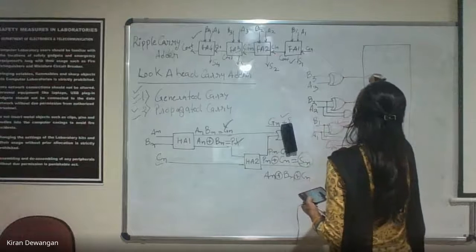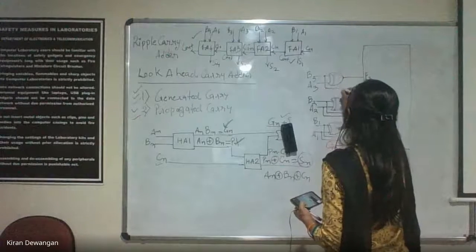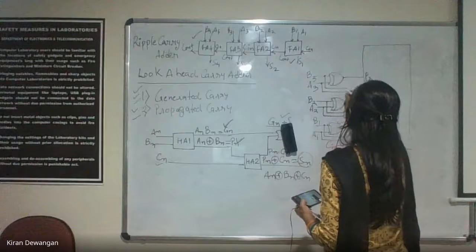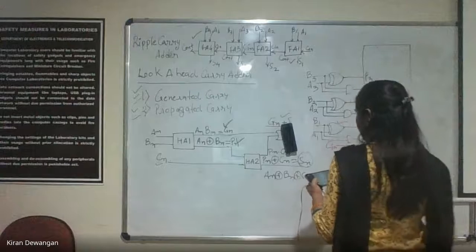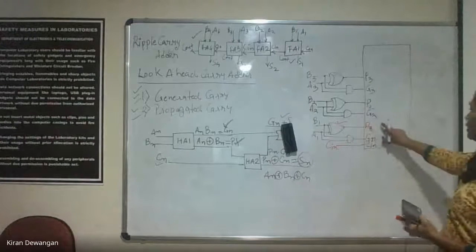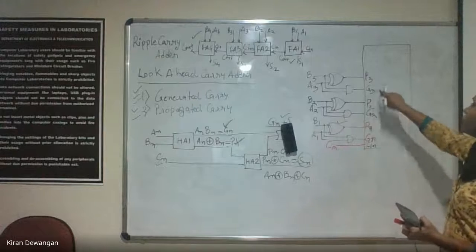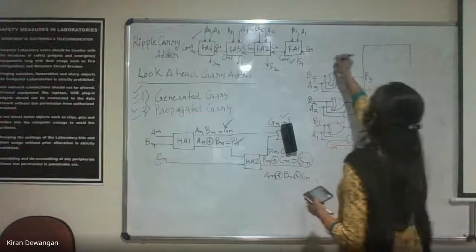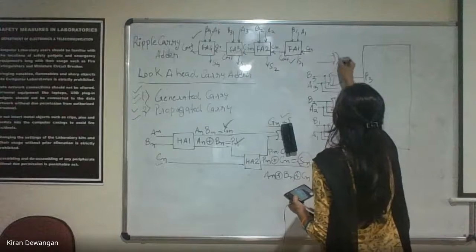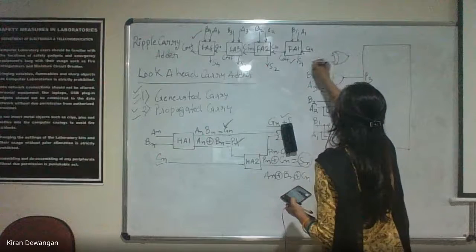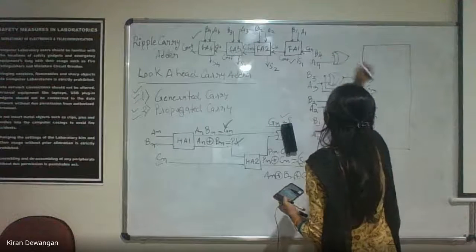It will produce P3 and G3. So here it is producing P1, G1, P2, G2, P3 and G3. I'll produce the fourth set of input, A4, B4.